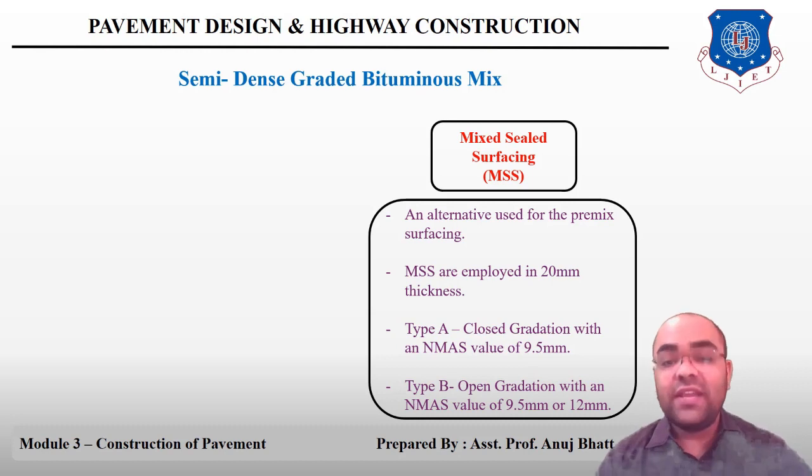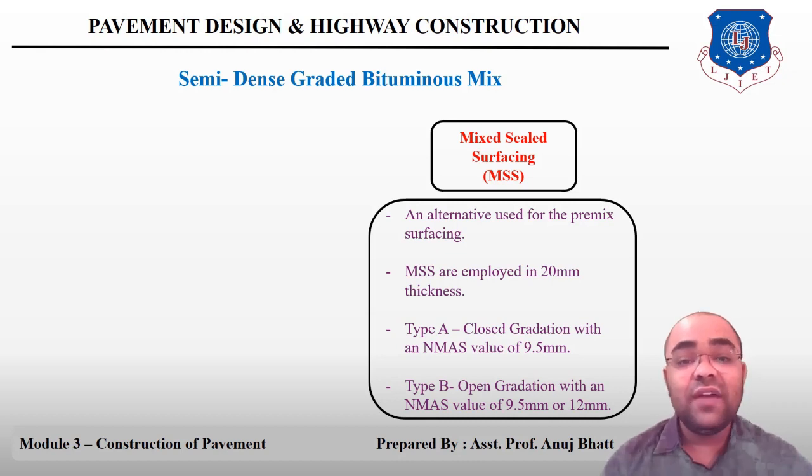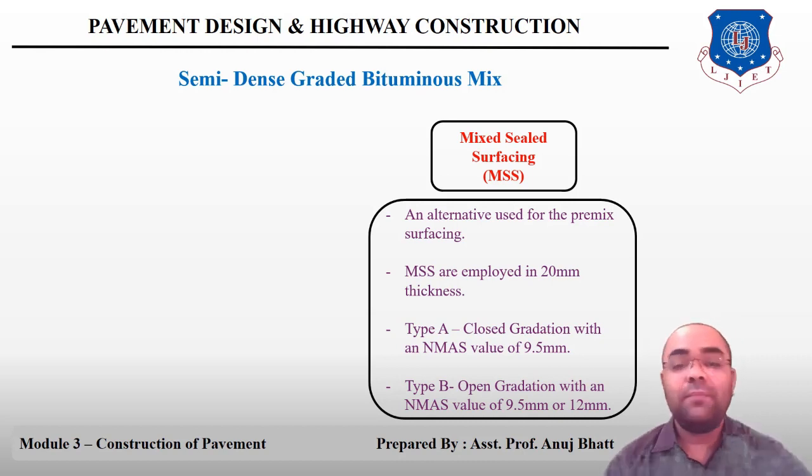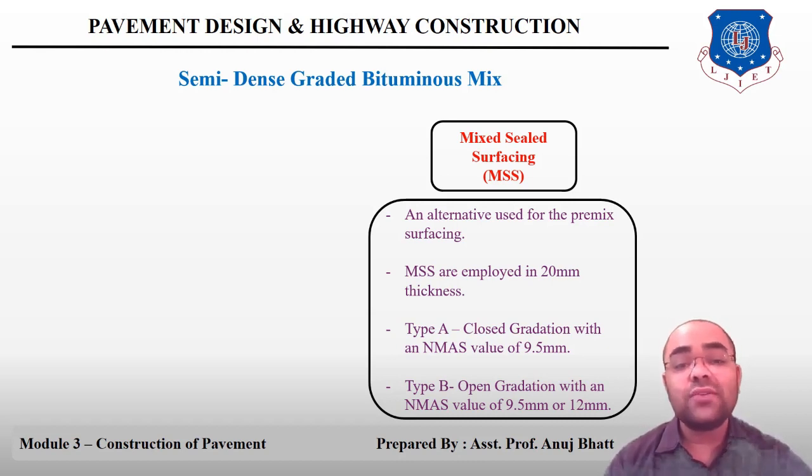There are two gradations: type A, which is closed gradation with nominal size of 9.5 mm, and type B, which is open graded with a nominal size of aggregate of 9.5 or 12 mm. So generally we can consider 12 mm, but it is for the open gradation. So this is all about the mixed seal surfacing.